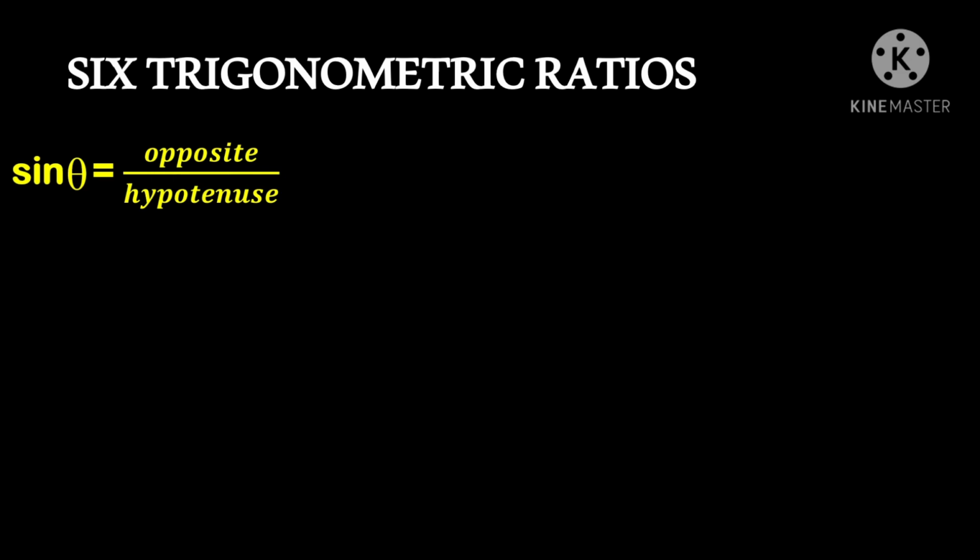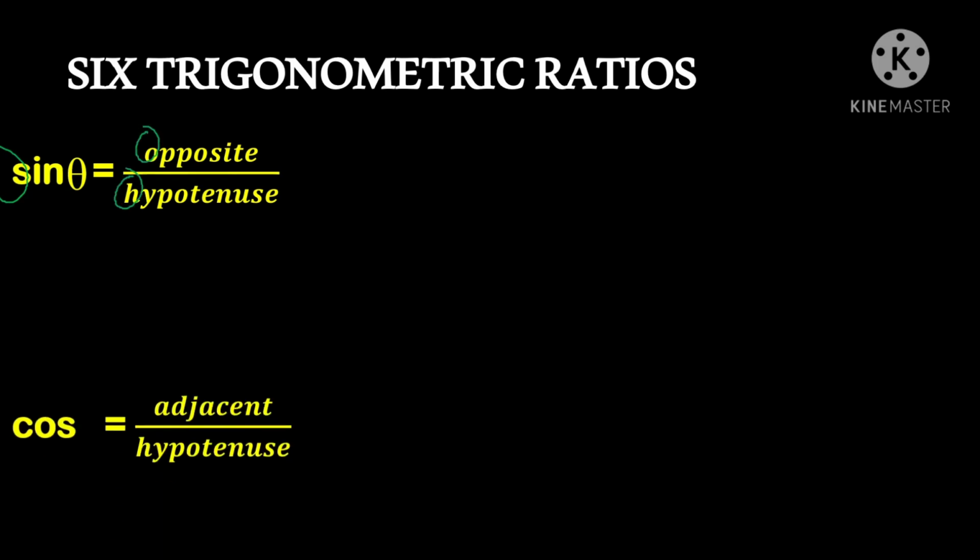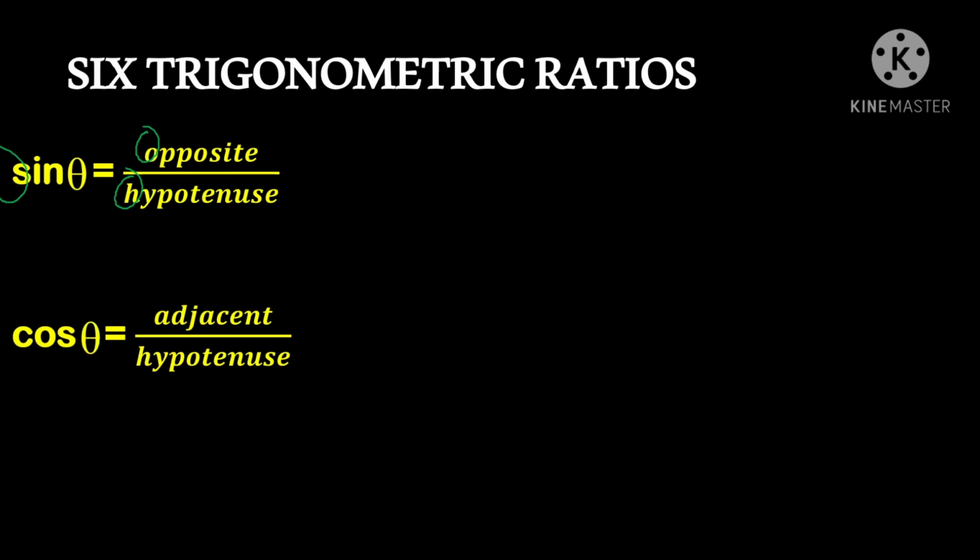Ito yung SOH kanina. And then, cosine theta is equal to adjacent over hypotenuse, so CAH. And then, for TOA naman, we have tangent theta is equal to opposite over adjacent side.